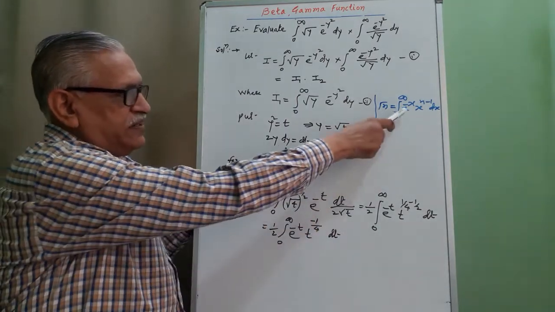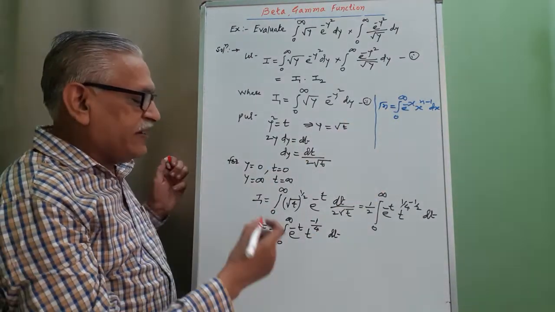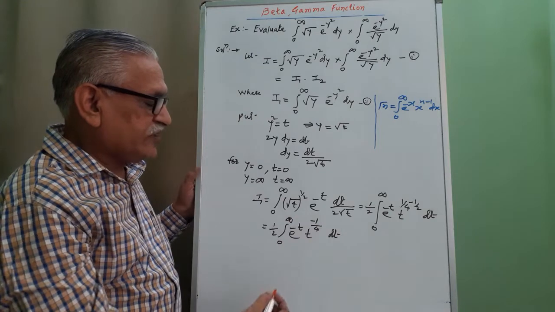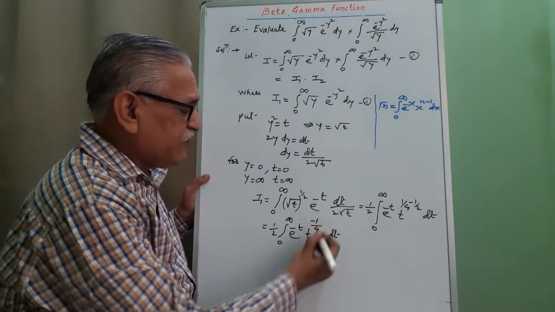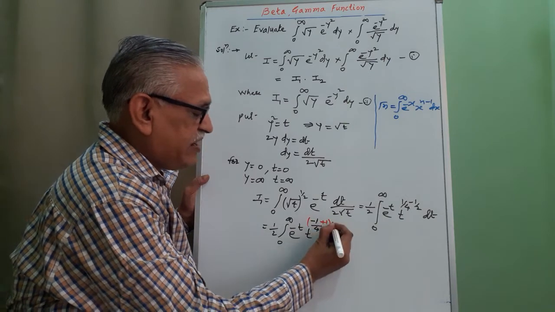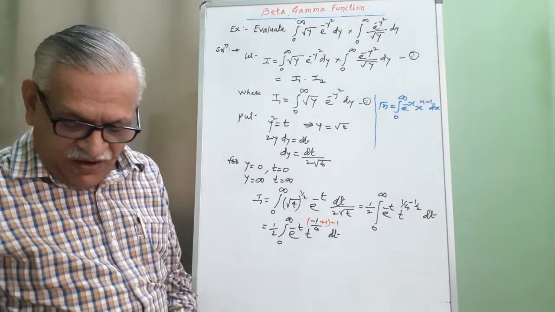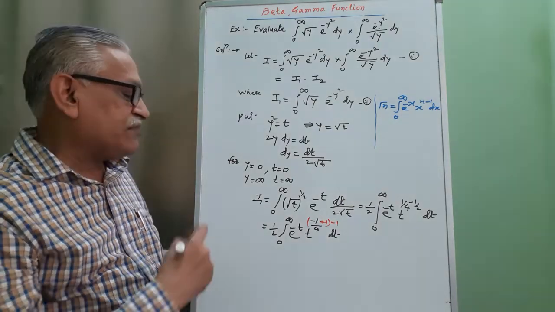Rewriting this term in the form of x raised to n minus 1, by adding and subtracting 1 here. Therefore, I will add 1 here and subtract 1, so that there is no change in the value of that integral, only I am changing the form.